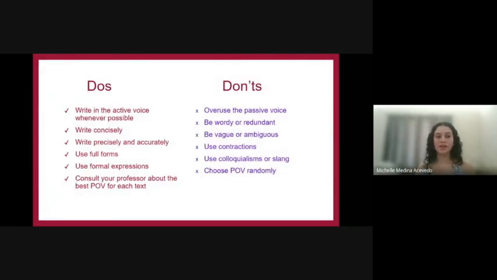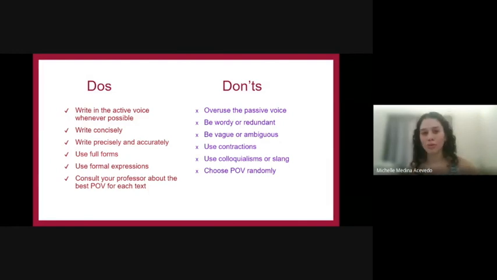Okay, so now let's wrap up all of these comments into a short list of academic writing do's and don'ts. So in academic writing, always write in the active voice whenever possible. Always write concisely, precisely, and accurately. So remember, less is more.